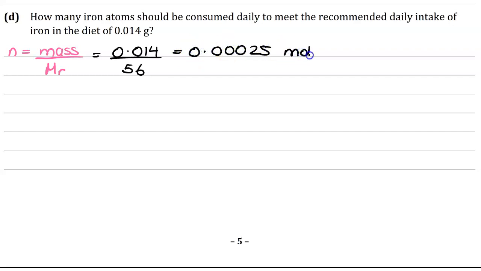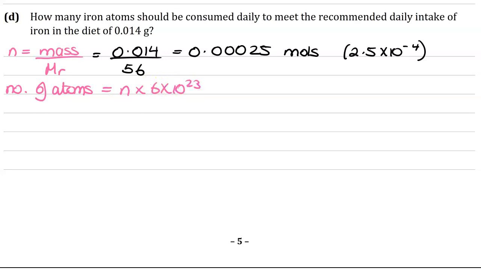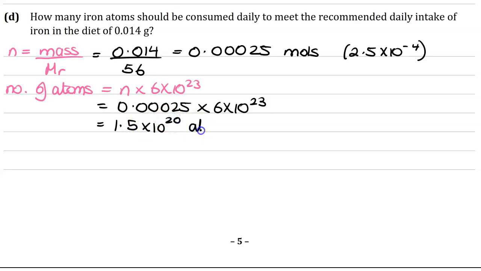And that's 0.00025 moles, or that's 2.5 by 10 to the minus 4. Then we're going to convert this to atoms. So number of atoms is equal to n multiplied by 6 by 10 to the 23. So that's equal to 0.00025 multiplied by 6 by 10 to the 23. And working that out, we get 1.5 by 10 to the 20 atoms.